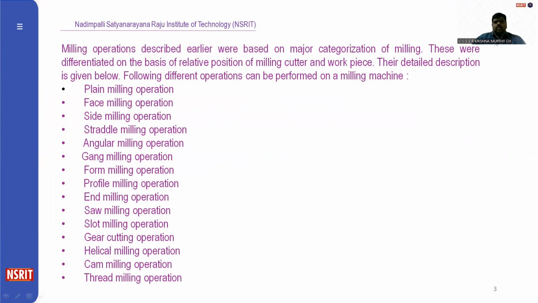Milling operations are described based on the categorization of milling, and these are differentiated on the basis of the relative position of the milling cutter.